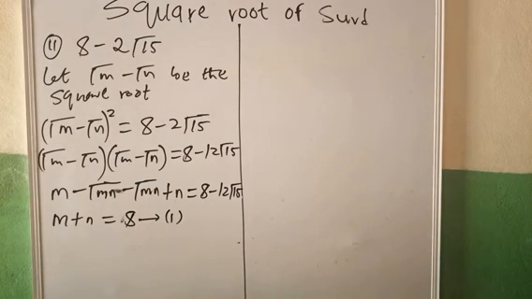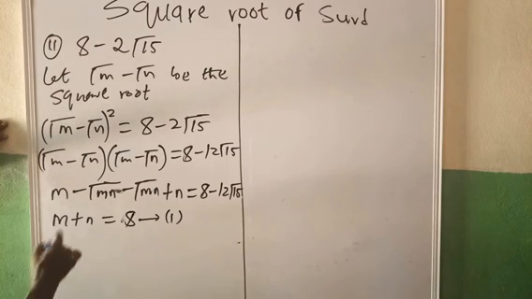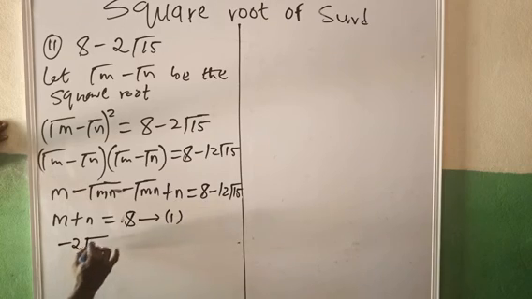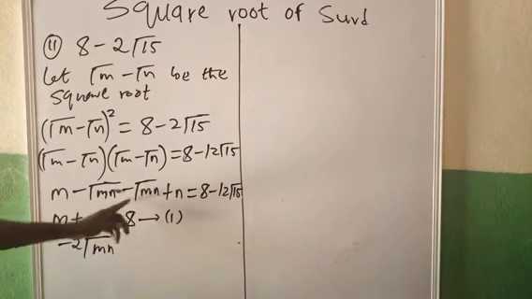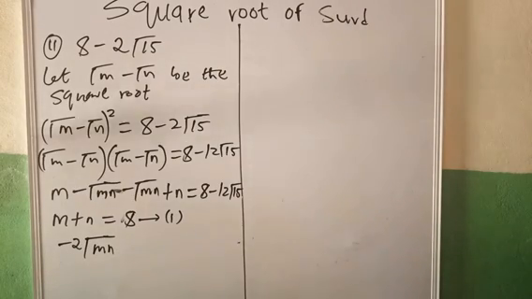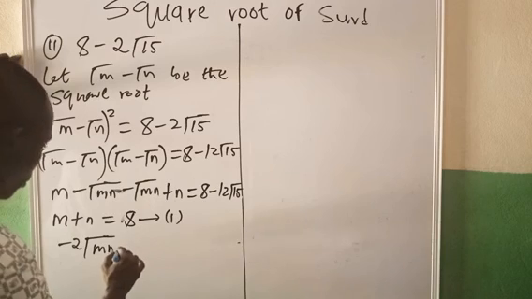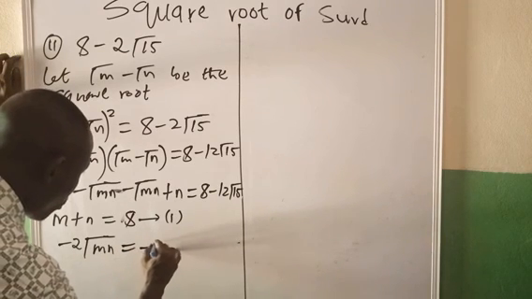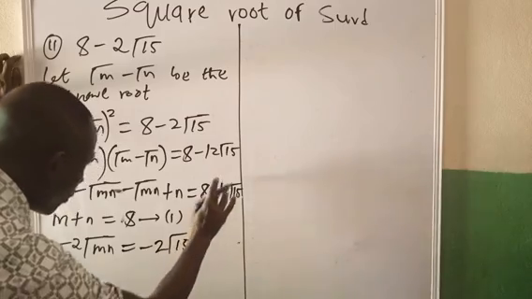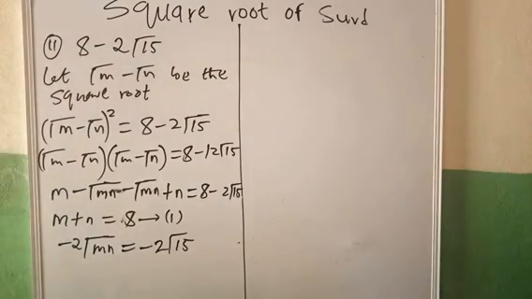Then I have the root part: you have minus 2 root mn. Why is it minus 2? Because this plus this will become minus 2 root mn, which will be equal to minus 2 root 15.